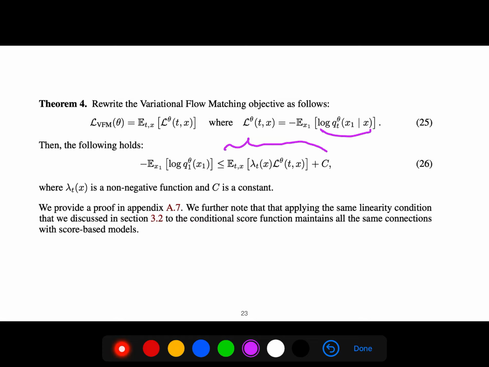And the nature of this is that lambda is just a non-negative function, and C is a constant. So the upper bound depends on your loss, the loss that is the expectation of log of Q_t.